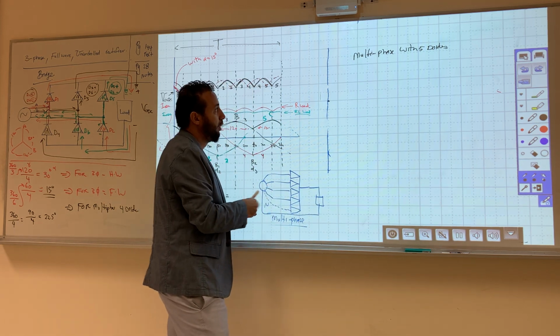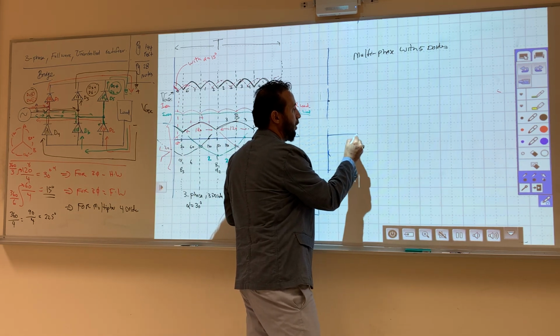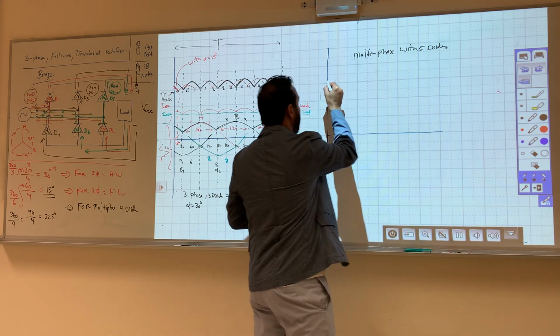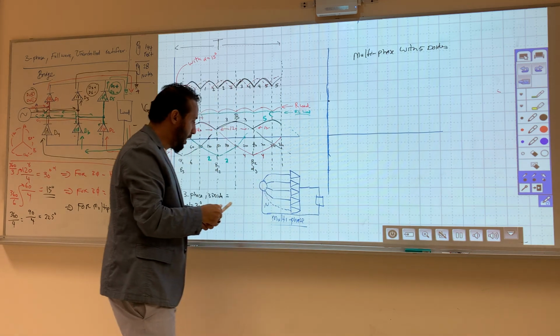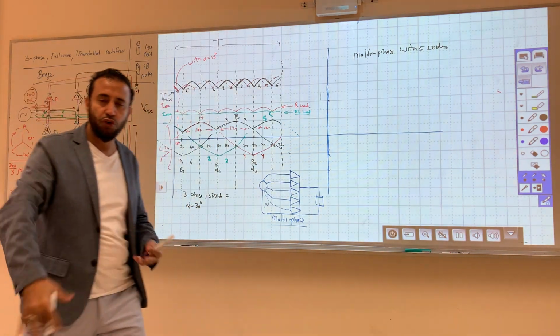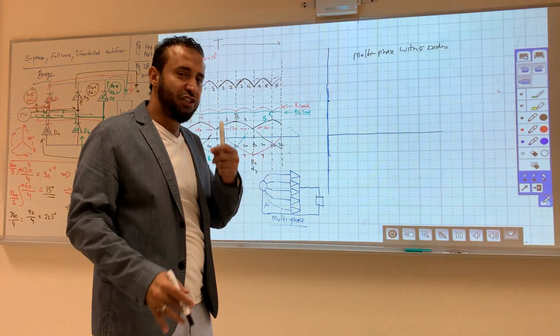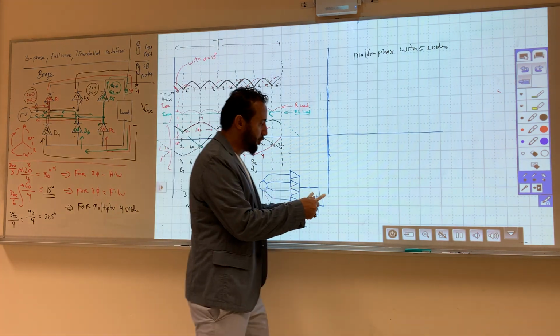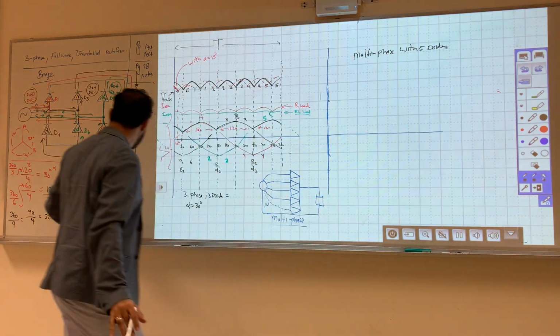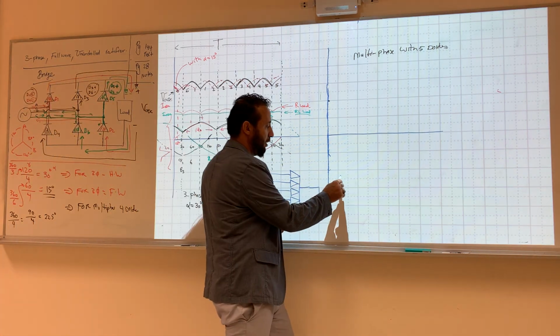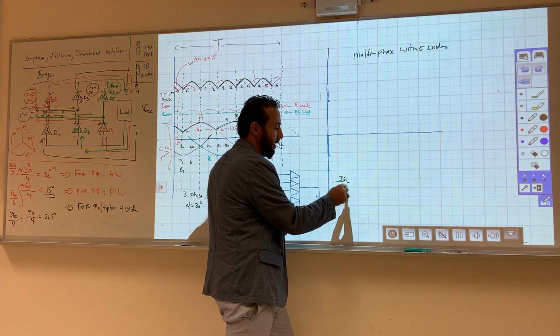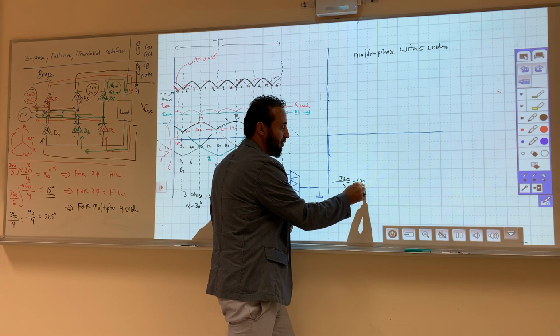Now you need to know how much is your alpha, okay? And as I told you, since we have this calculation right here, we say that 360 divided by 5 equals 72, right?